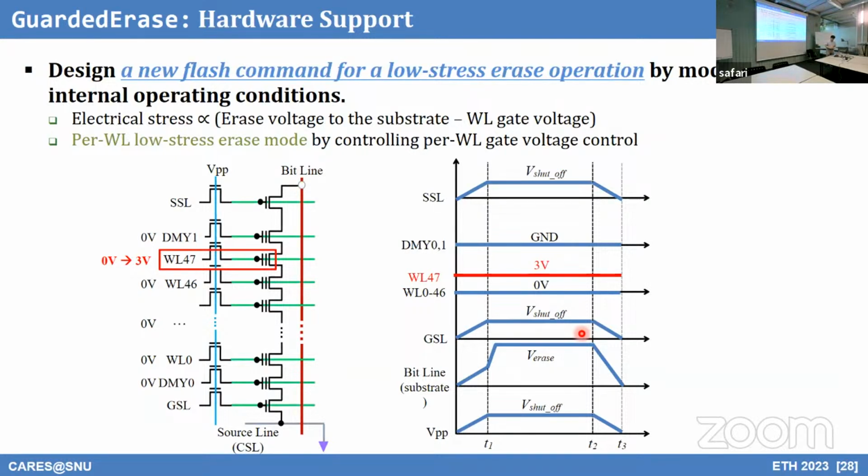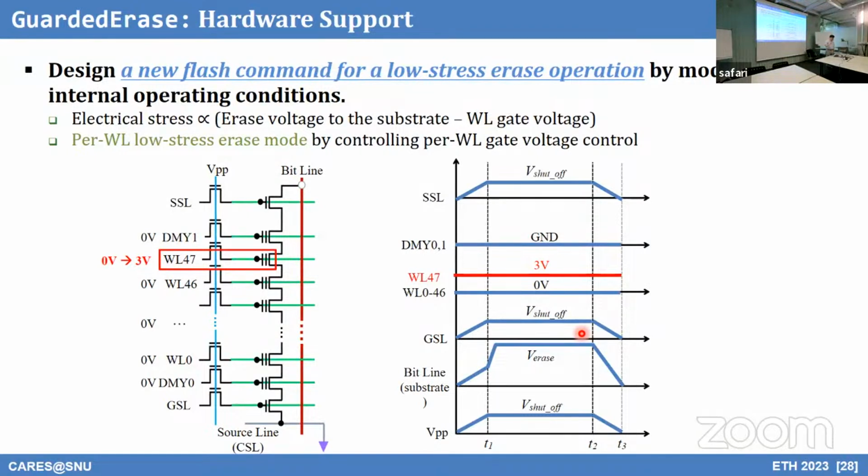Okay. So this picture, depending on your background, I don't want to really go deep, but when you erase, on each word line we apply 0 voltage, and then we apply a very high erase voltage. So all electrons are removed from the cell.